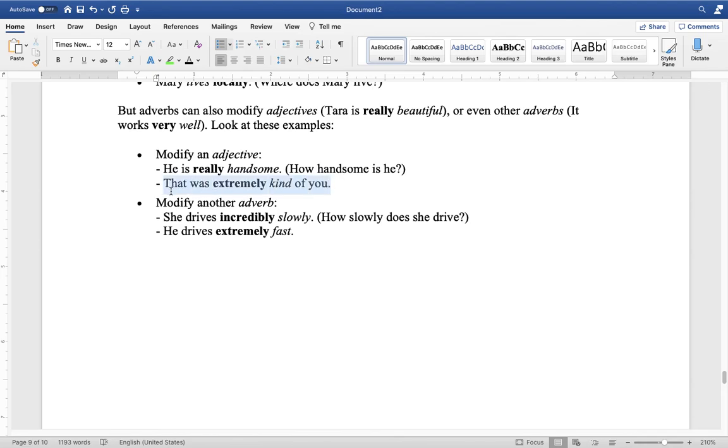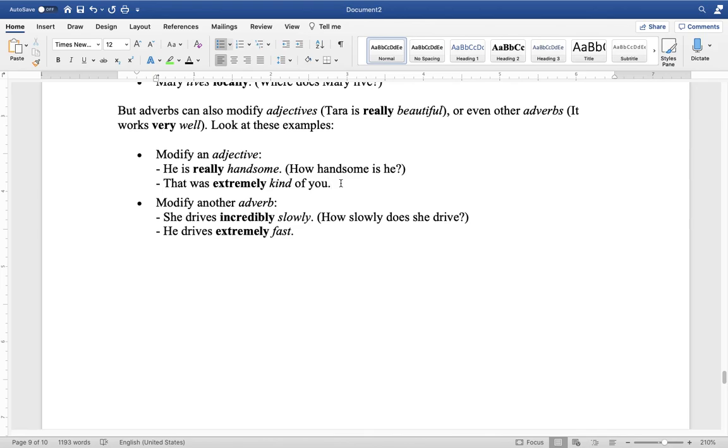That was extremely kind of you. Again, I would say this is unnecessary because that was kind of you versus extremely kind. Again, in terms of quantifying or qualifying what extremely kind is versus just kind is really something that is specific to the writer.